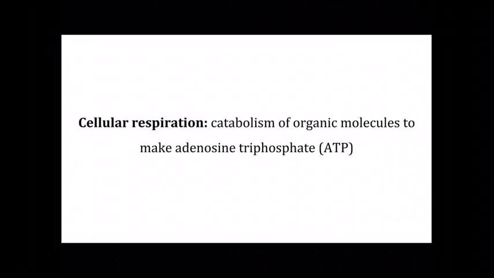That means it's the breakdown of organic molecules, and specifically the breakdown of amino acids, or glucose, or fatty acids and glycerol. Also, there are some waste products that are byproducts of other processes in cells that can go into this process of making ATP, because cells are really cool that way.